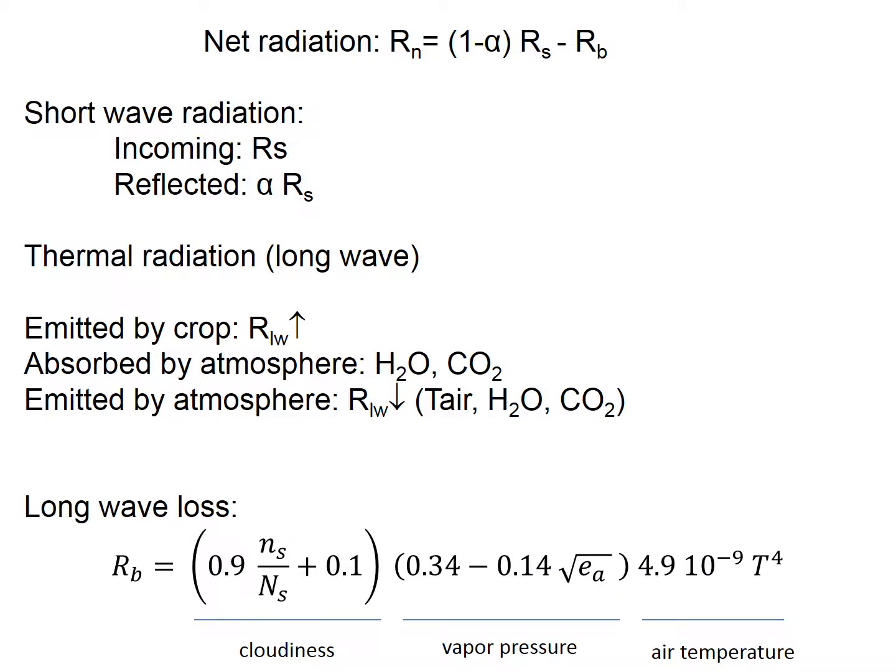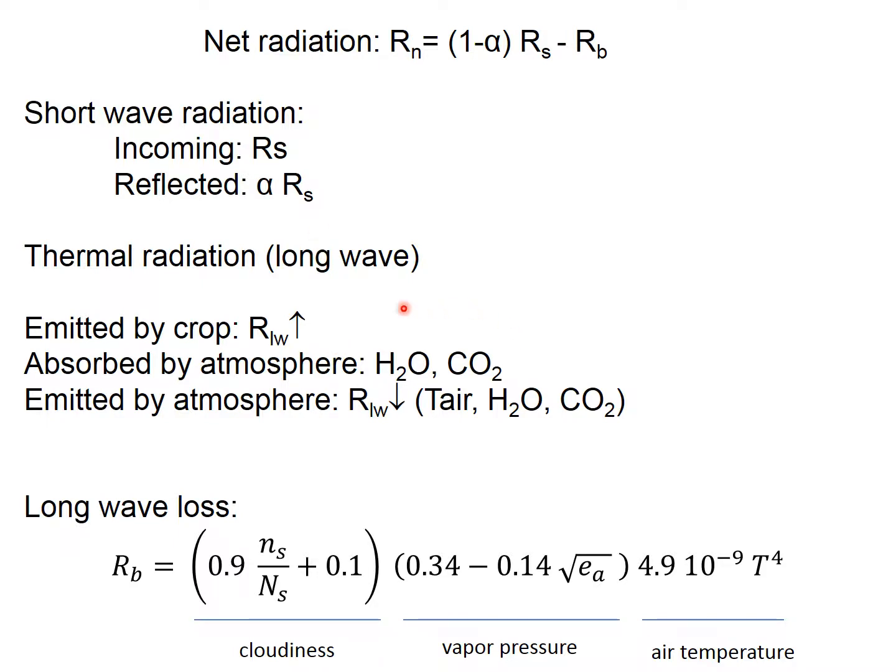Apart from the losses due to reflection of radiation from the Earth's surface, we will have losses due to thermal radiation. Thermal radiation, or long-wave radiation, will include the radiation emitted by the crop. That would be radiation going upwards.